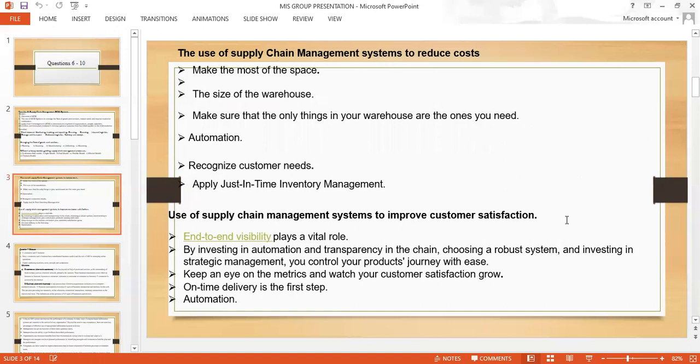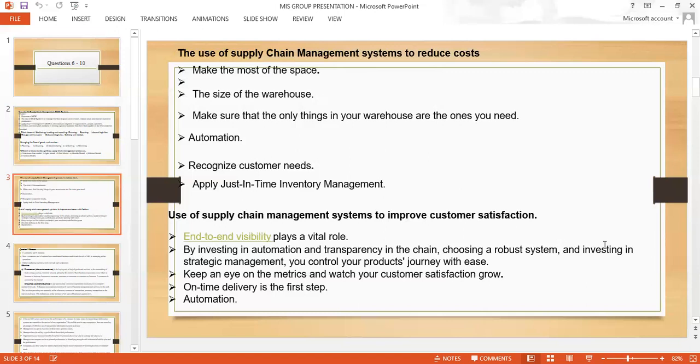This is where we have innovation and integration of work to improve systems that fail to run efficiently to support delivery of customers' products, integration of various stakeholders, upstream and downstream suppliers, to allow effective management of customers' expectations. This will improve customer satisfaction. Then end-to-end visibility plays a vital role in enhancing customer satisfaction.